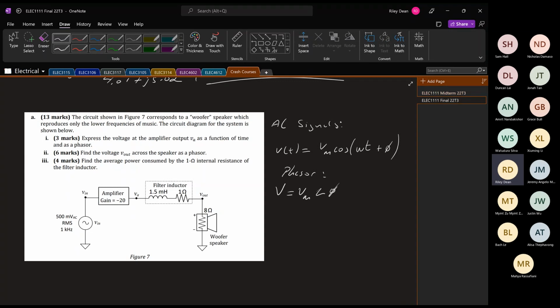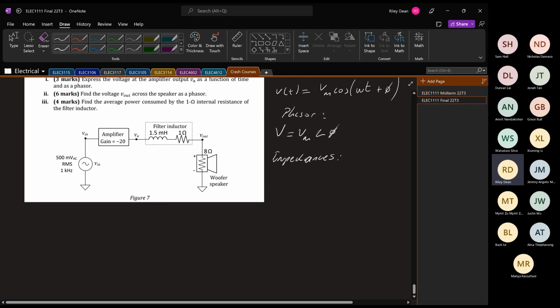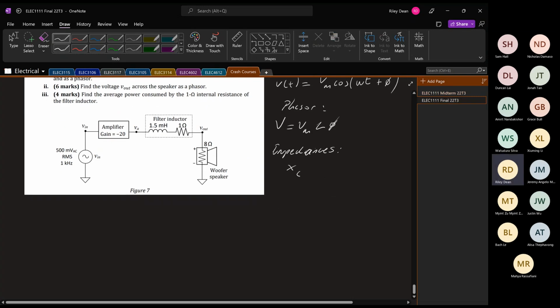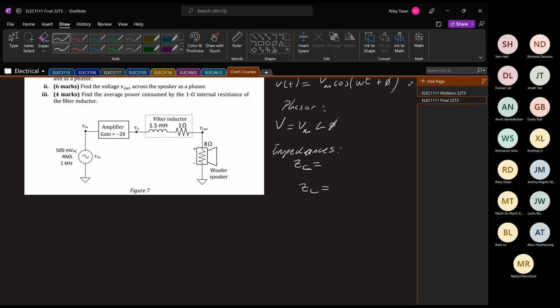However, this isn't everything because we also need to convert our impedances into the frequency domain. So we now have a formula for the impedances of capacitors and inductors. Do people remember what they are? Because that is our second key we need to consider.